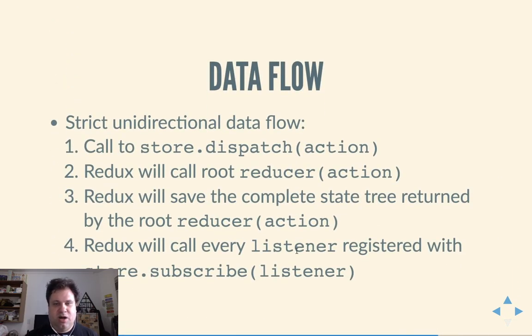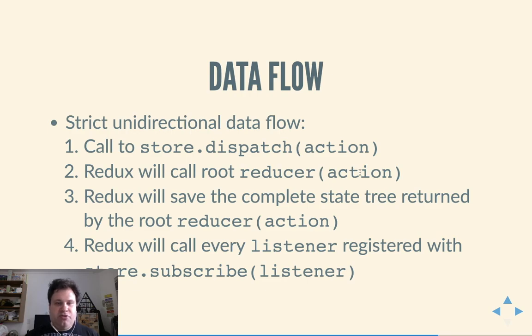Alright, so how does data flow happen in Redux? Redux has a strict unidirectional, one-way data flow. First off, there is a call to store.dispatch with an action. Redux will then call the root reducer, passing the action that was received via the dispatch method.